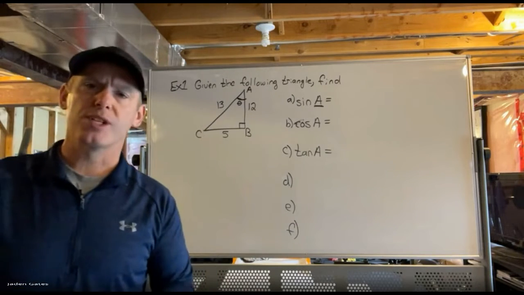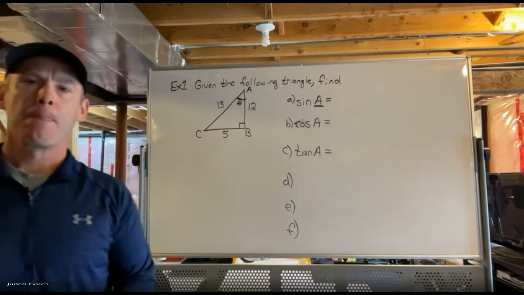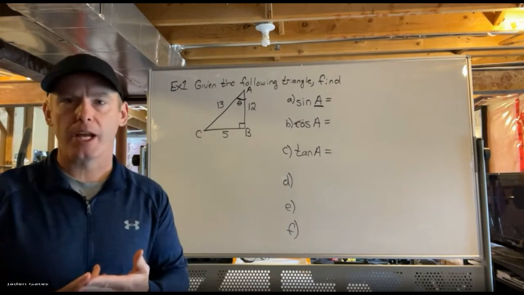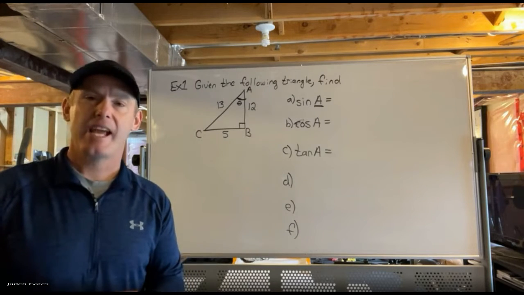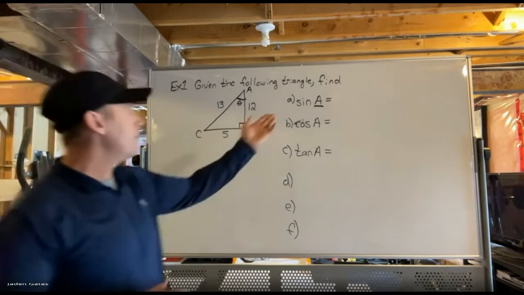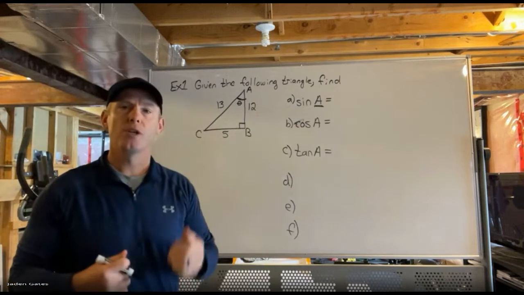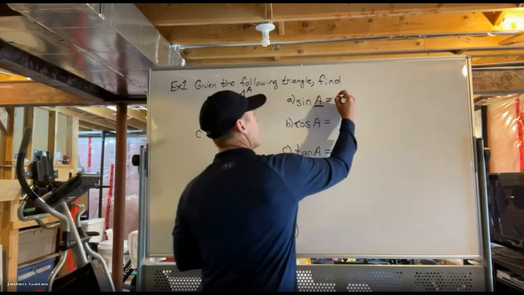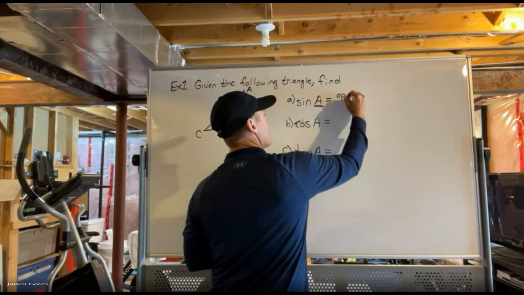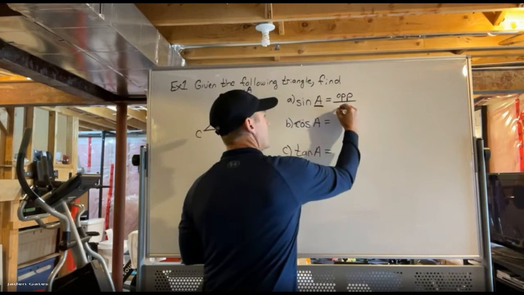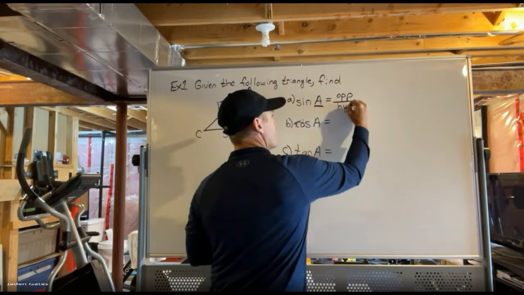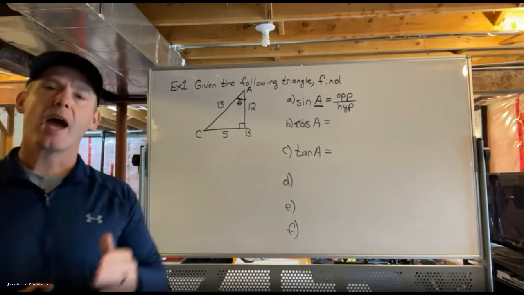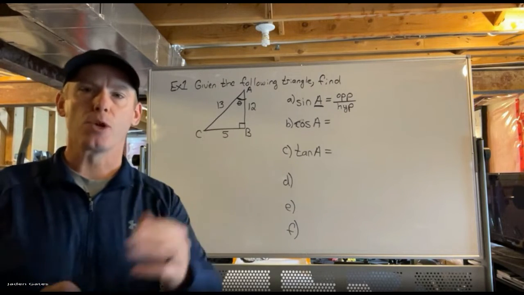I have to figure out which side I'm going to divide by which, and that's where I come back to my phrases: sine on highway, cozy at home, tan on arms. If I'm looking for the sine ratio, sine on highway. On refers to the opposite side. Highway refers to the hypotenuse. So now I know which sides I'm going to divide.